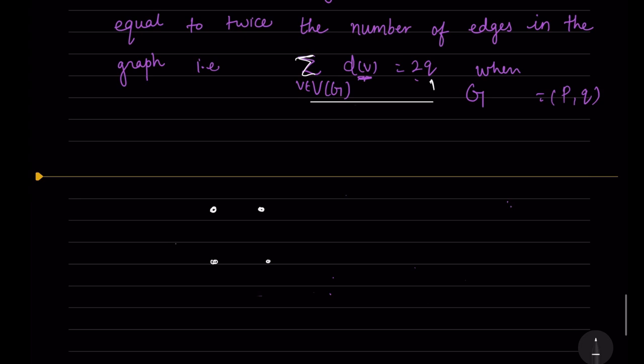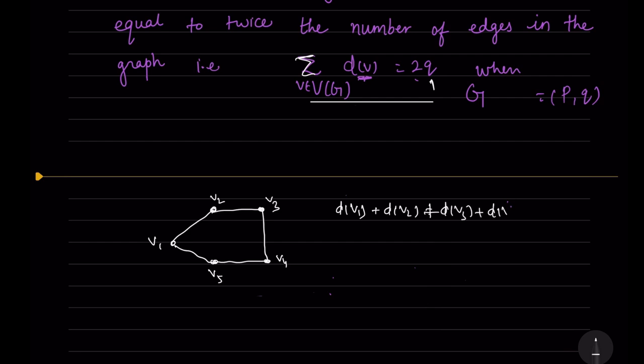Let us suppose we have this graph with 5 vertices: v1, v2, v3, v4, v5. So degree of v1 plus degree of v2 plus degree of v3 plus degree of v4 plus degree of v5.